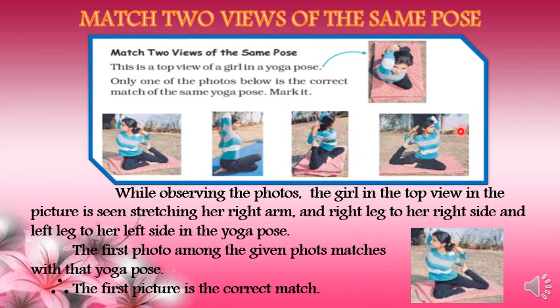So these two are wrong. In this picture the girl is stretching her right arm, and in the first picture also the girl is stretching her right arm. But in the second picture the girl kept both her legs.